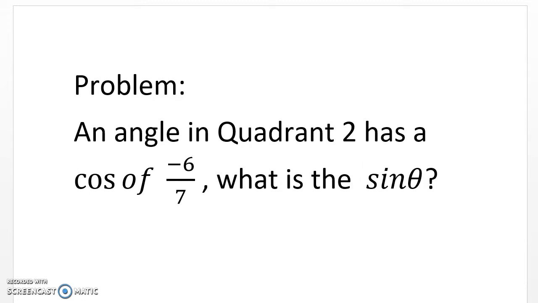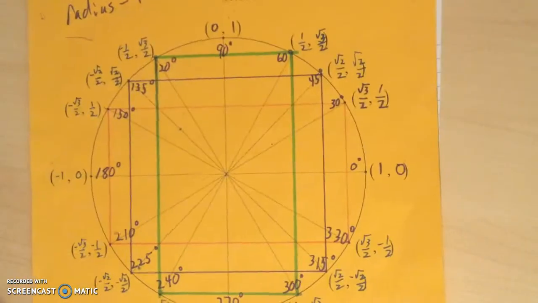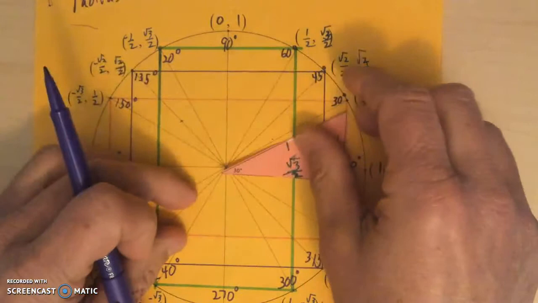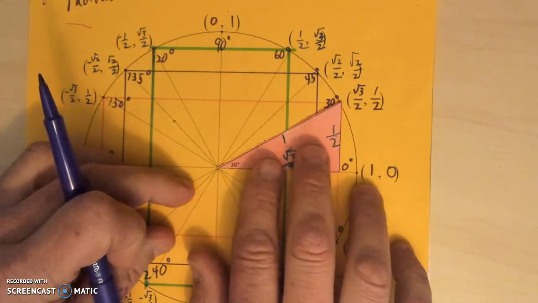We know the cosine is -6/7. What's the sine? And there's got to be a connection to all this. So let's look at what we've done before and see if we can find a connection. If you remember the old unit circle, we would put our little triangle over here.